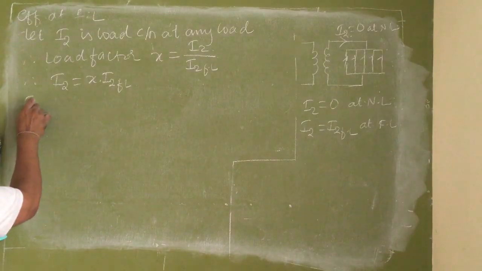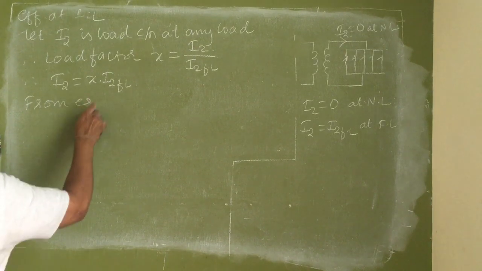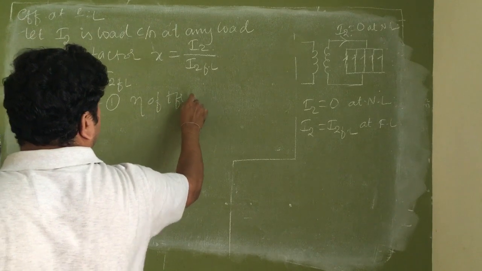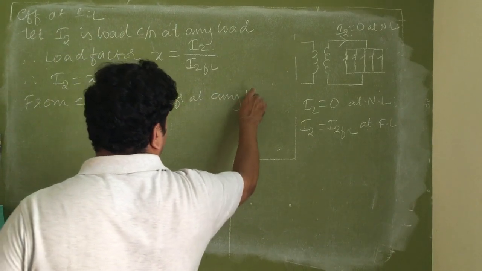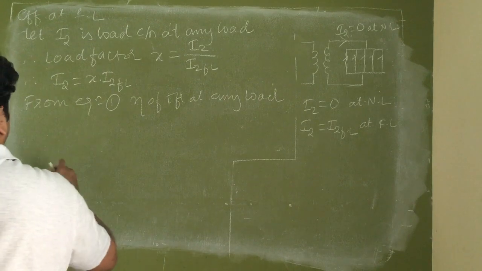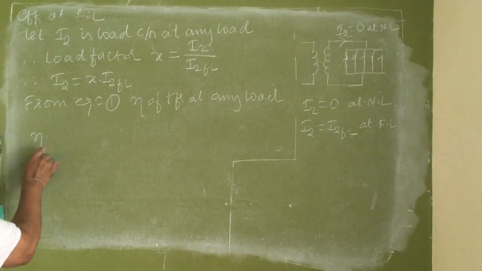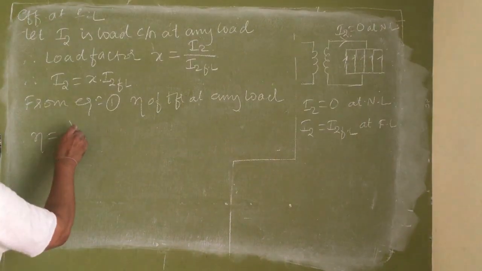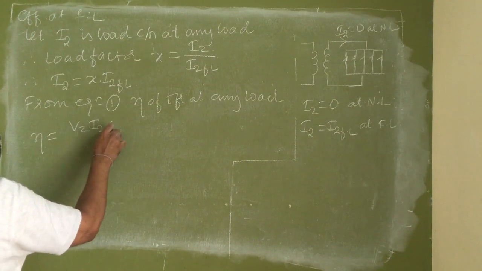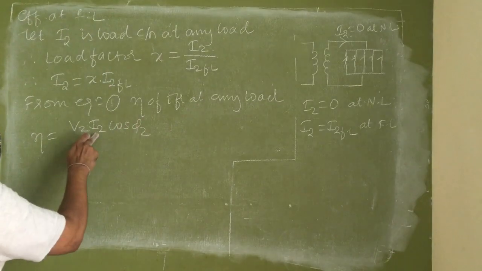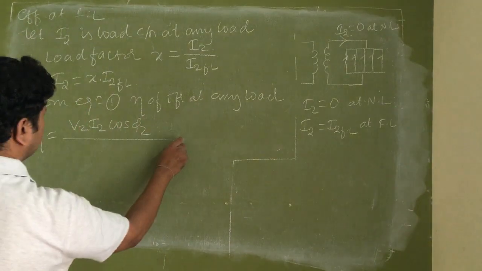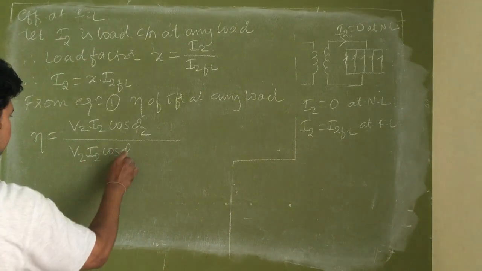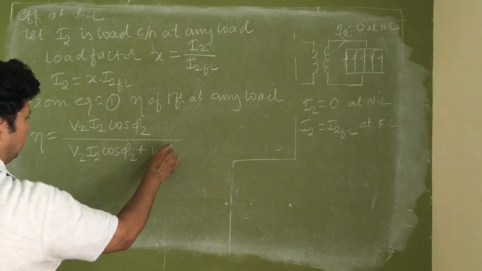Efficiency eta, it was eta full load there, it is now only eta, equals V2 I2 cos phi 2, where I2 is current at any load, divided by V2 I2 cos phi 2 plus Wi.